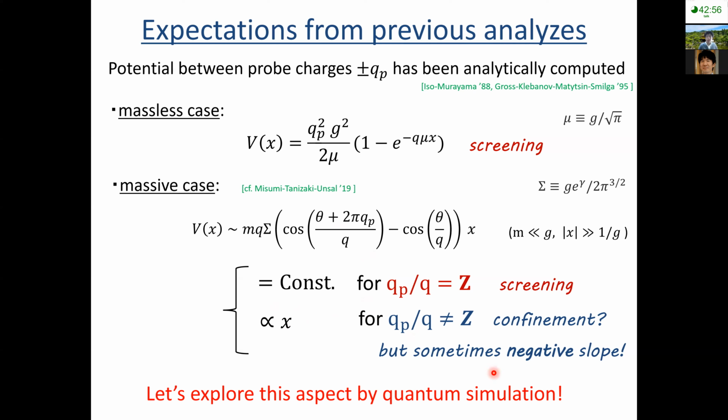So this sounds quite interesting. And this is based on analytical computation for the small mass case. But if we can do numerical simulation, we can also explore the larger mass region. So let's explore this aspect by quantum simulation.